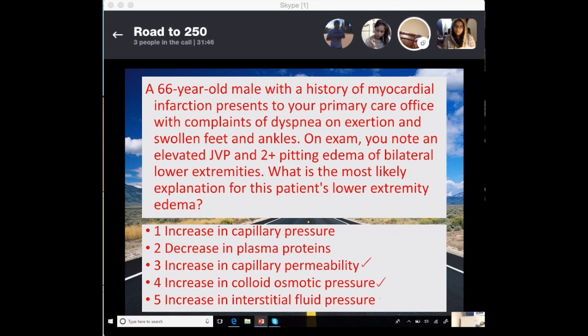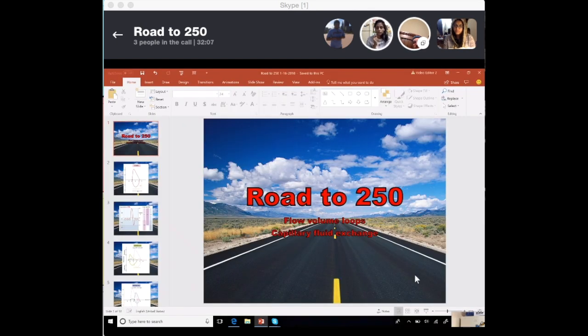And an increase in interstitial fluid pressure would again cause fluid to go back into the capillaries, not out. So an increase in capillary pressure is going to cause fluid to spill out of the capillaries. And that's all I got for y'all.